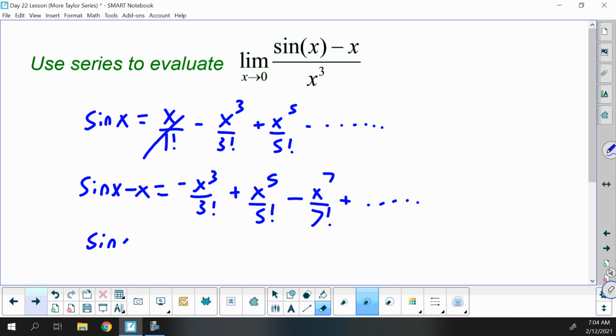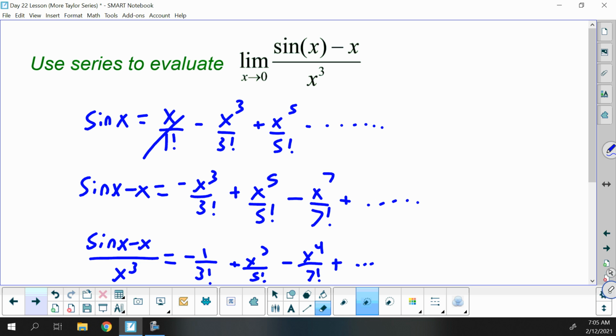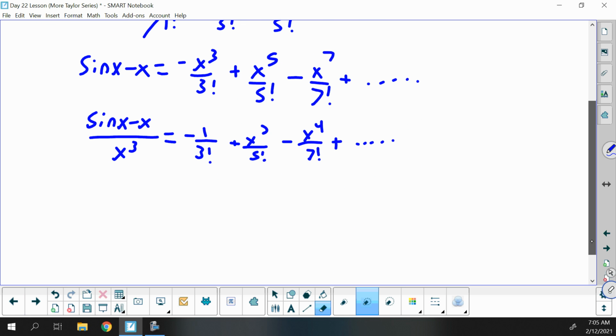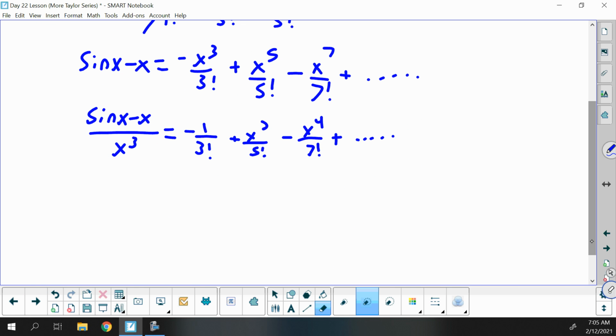Now we want to write out what sin x minus x over x cubed is. So we're going to divide everything by an x cubed. So this will become minus 1 over 3 factorial plus x squared over 5 factorial minus x to the 4th over 7 factorial plus dot, dot, dot. Well, now we've got the expression that we want to do the limit of.